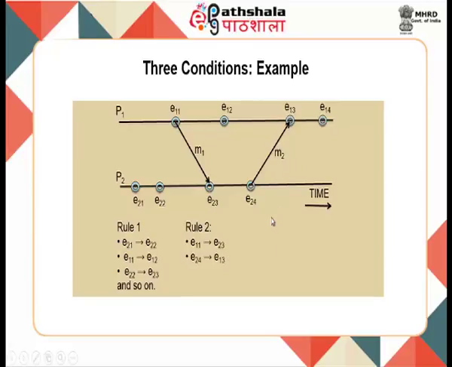So, this is rule 2, and rule 3, which is the transitive rule, says that E11 happened before E24, because E11 happened before E23 and E23 happened before E24. Similarly, E21 happened before E22, E22 happened before E23, E23 happened before E24, E24 happened before E13 and E13 happened before E14. So, therefore, by the rule of transitiveness, E21 happened before E14.